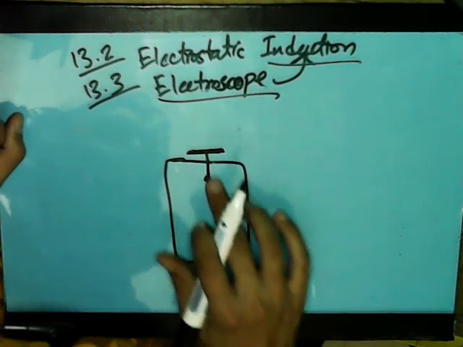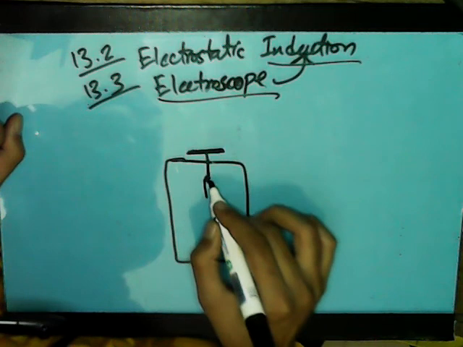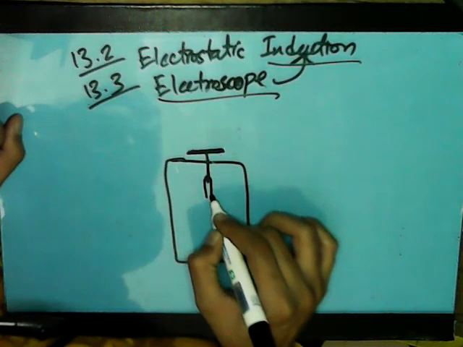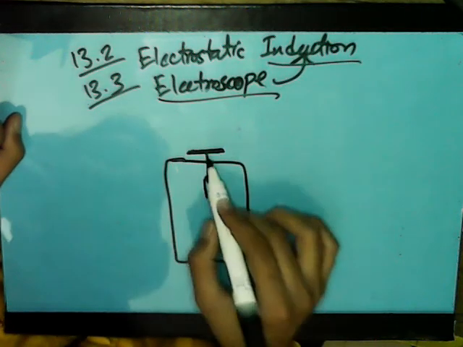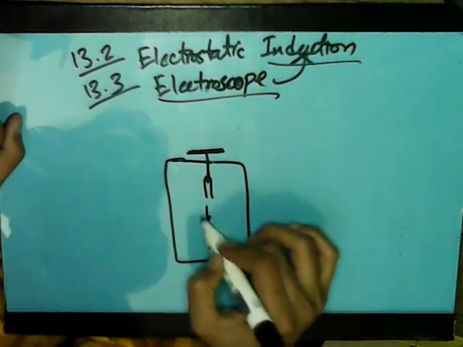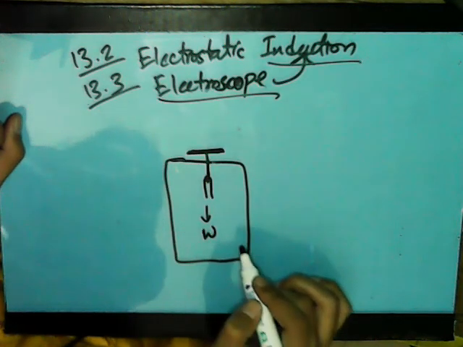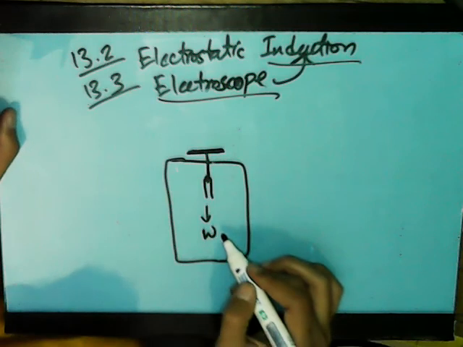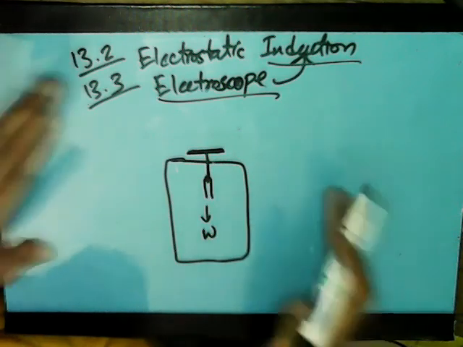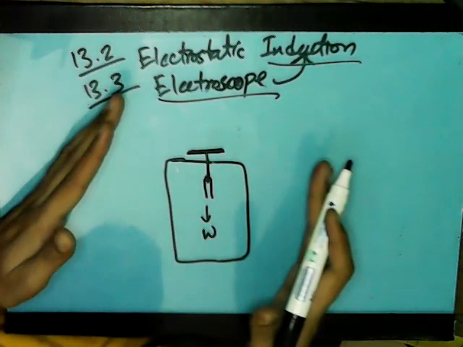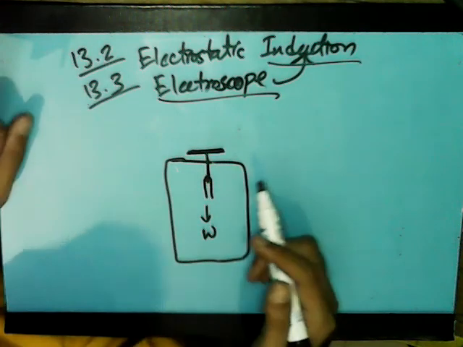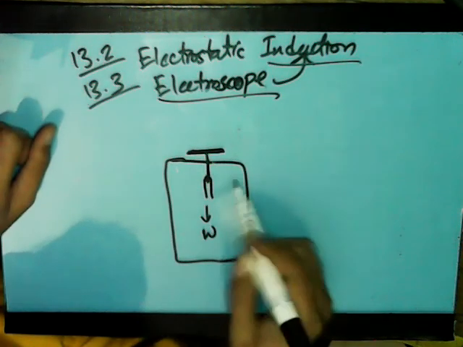Now since these are very thin, freely moving plates, when there is no charge, these plates hang towards the ground. Why? Because of the weight. Gravity is acting on them, so the plates stay in a vertical alignment. They are not going to get moved around.